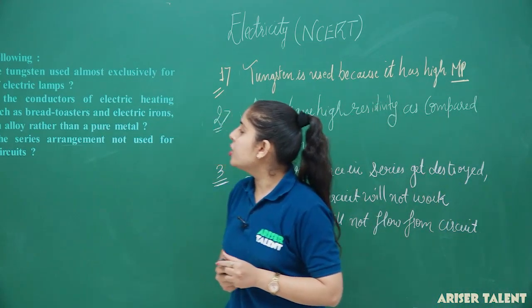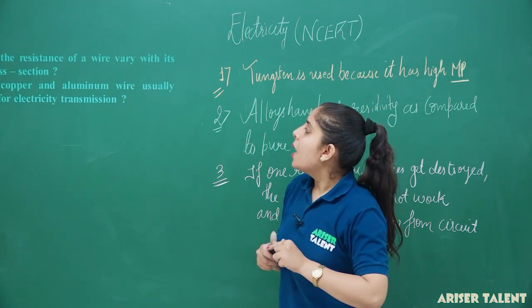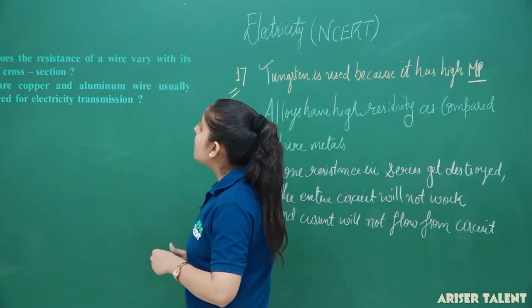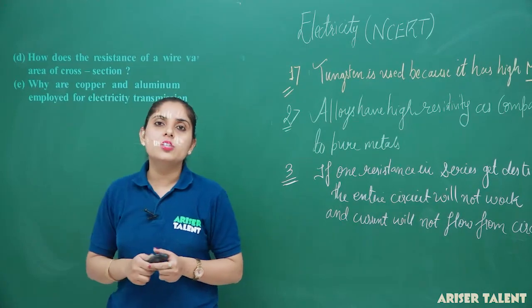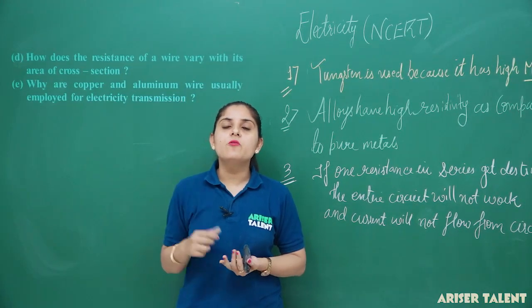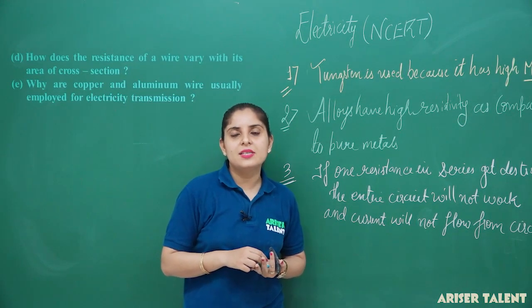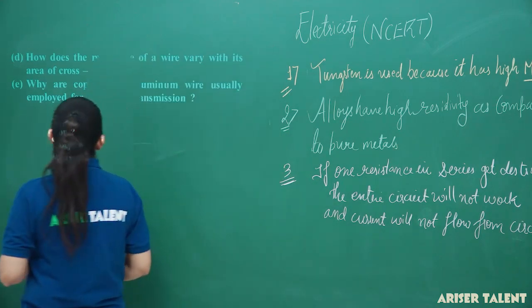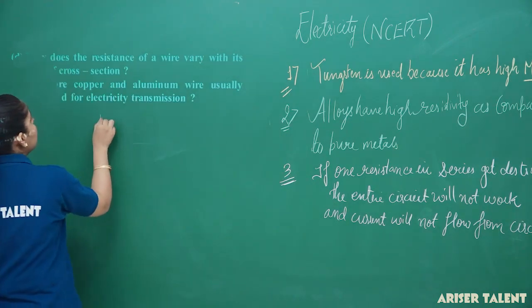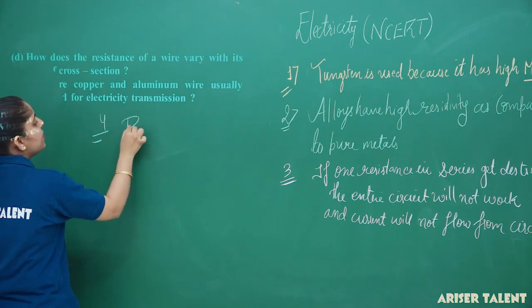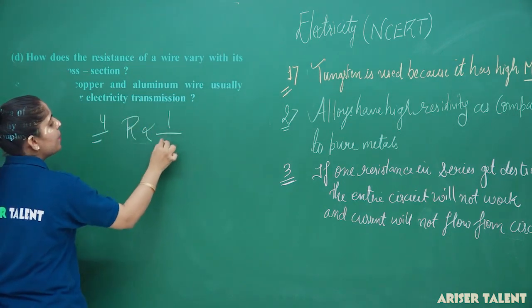Now the next question in this sequence we have, how does the resistance of a wire vary with the area of cross section? So this is the question from your factors on which resistance depends. So the factor on which the resistance depends is also area. So the fourth part will be, resistance will be inversely proportional to area.